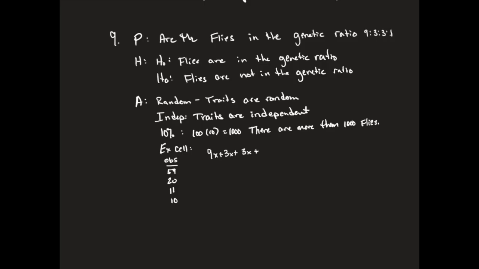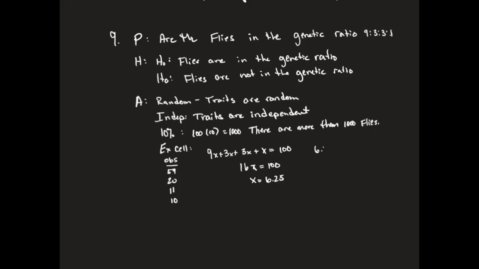That doesn't really matter if I'm ever given a ratio. This is exactly how I'm going to solve it. If I add them all up and divide by 16, that's going to get me what my actual original 1x is worth. And I know that the rest of them are either triple that value or 9 times that original value. That's how we're going to get our expected cell count.